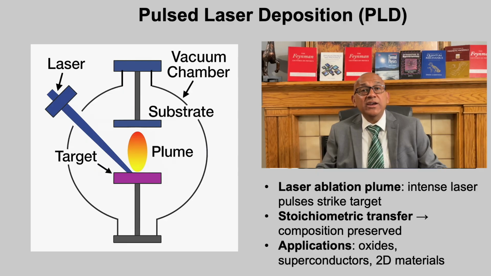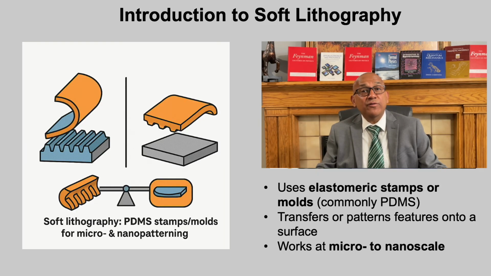Soft lithography is a versatile bottom-up nanofabrication technique that uses elastomeric stamps or molds, typically made from PDMS, to create patterns. Unlike conventional photolithography, which requires expensive optics and masks, soft lithography is flexible, inexpensive, and adaptable.